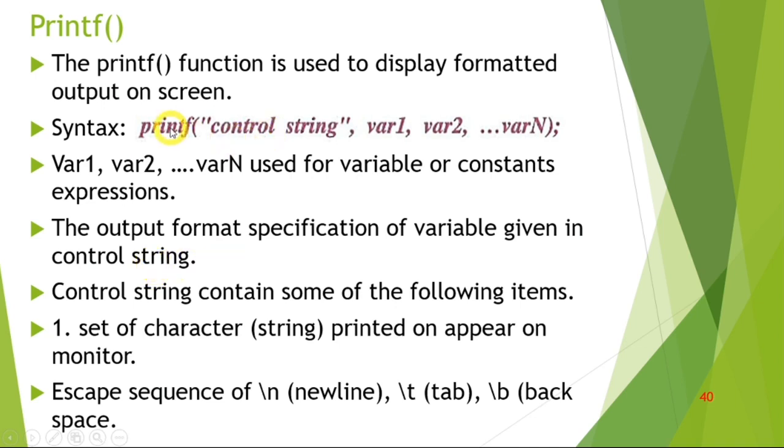Now the control string contains the following items. First is a set of characters, that is a string, which appears on the monitor. How will it appear on the monitor? Just check. For this we use escape sequences: \n for a new line, \t for tab, which is available on the keyboard, and \b for backspace, etc.